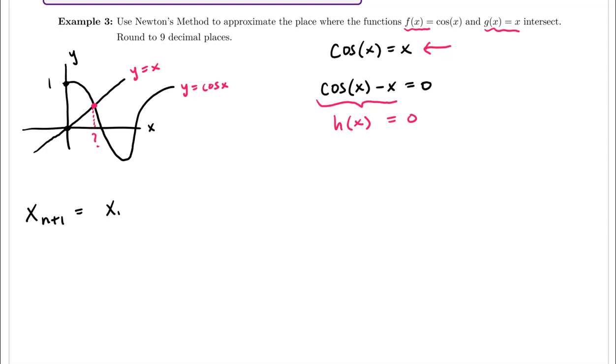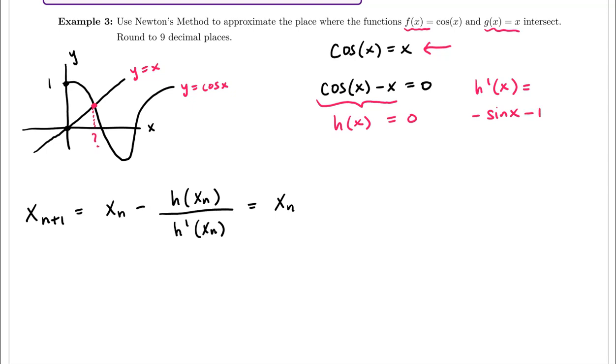Again, I'm just copying down the general one that we should have memorized. In this case, let me change this to h since we called our function h here. So if this is h of x, then I also want to find h prime of x, which is going to be negative sine of x minus 1.